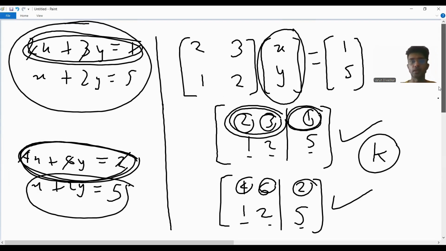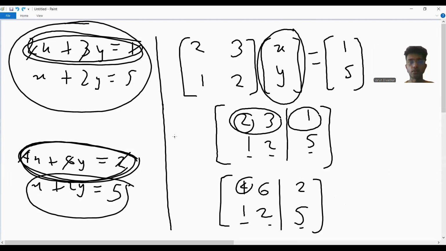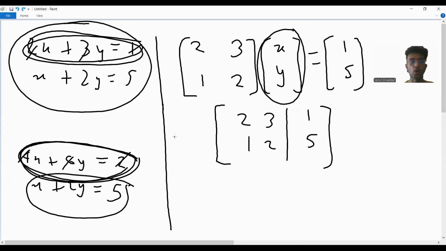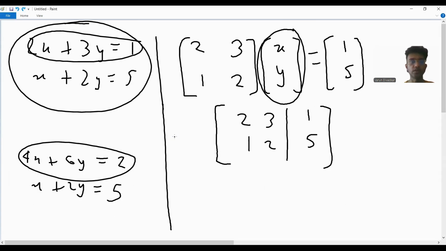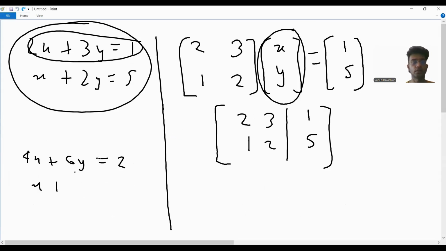Now let's try another thing. Let's say we swap the first equation and the second equation. So we bring this down and take this up.